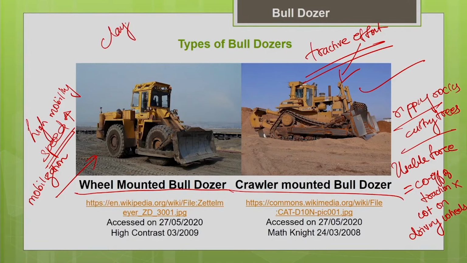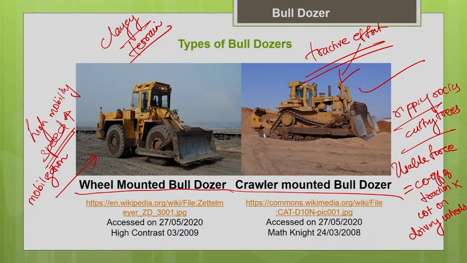So you are going to operate this machine on a clayey terrain. So obviously, which one will have better coefficient of traction? When compared to the tire mounted on a clayey terrain, definitely your crawler mounted will have better coefficient of traction. So there will be proper grip between the track and the haul route.